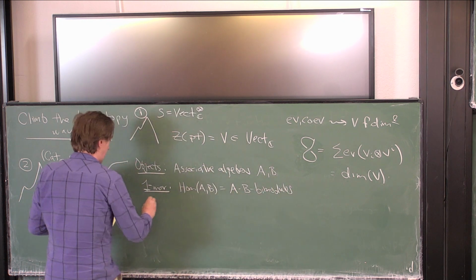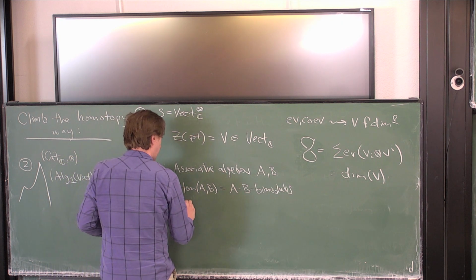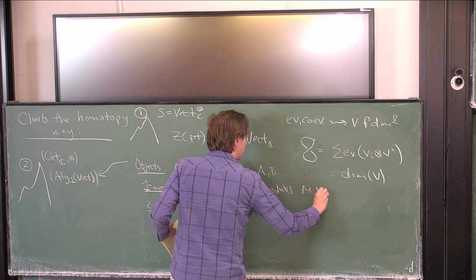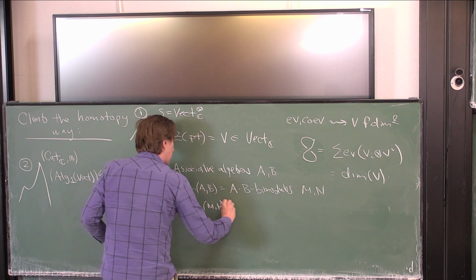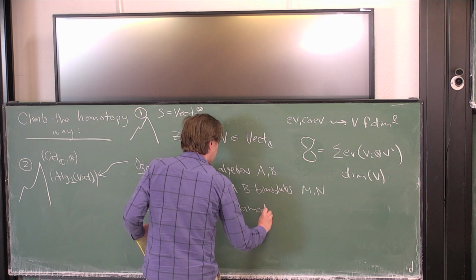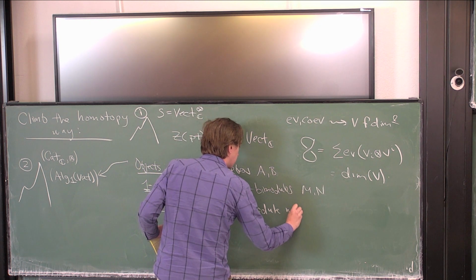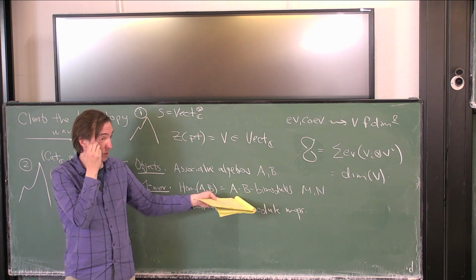Then the 2-morphisms become obvious. Given bimodules M and N, the HOMs between M and N are just bimodule homomorphisms, maps between the bimodules that commute with the existing A-B action.